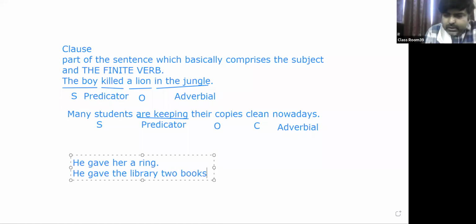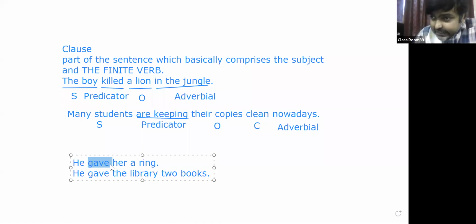Now, what we discuss over here are the two different kinds of objects that exist. तो यहाँ पे obviously he in both cases are subjects. Gave in both cases are predicators.